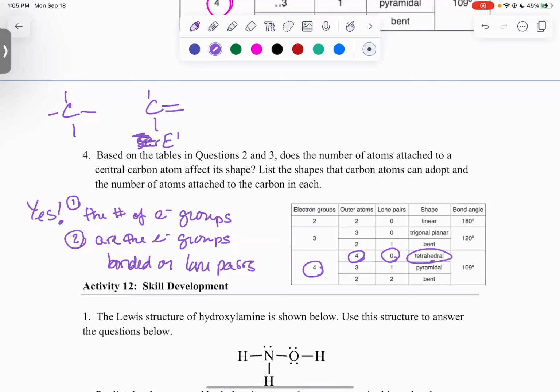That's how you call it, electron groups. So I have 3 electron groups, 3 outer atoms and no lone pairs, and I'll be trigonal planar. Then I could have carbon double bonded to something on either side, or I could have carbon in a triple bond and a single there. So either way, I have 2 electron groups, 2 outer atoms, no lone pairs, and therefore be linear. So these are the different things that carbon can do.